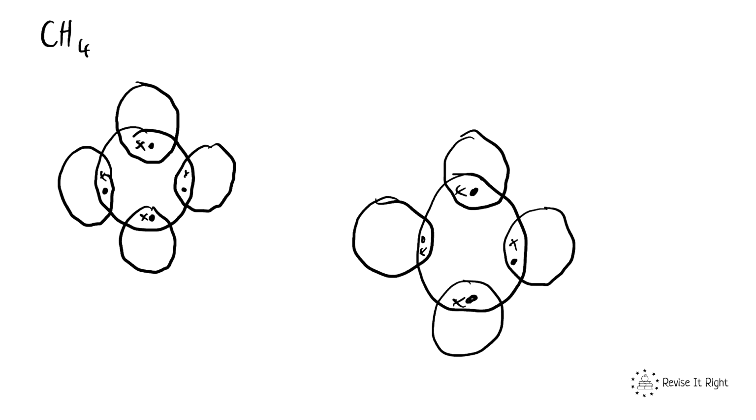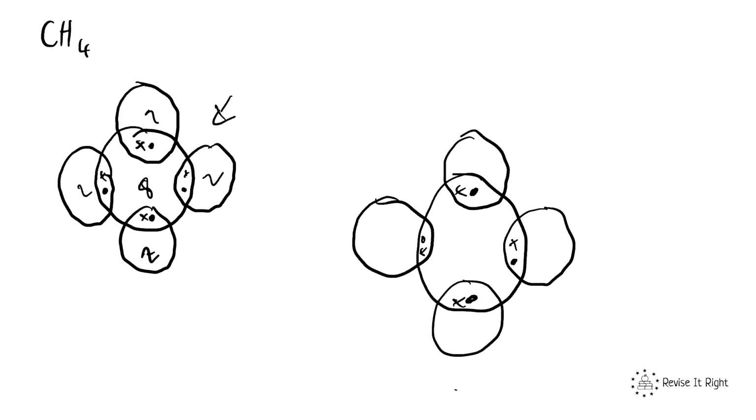The carbon in here has 8 electrons, the hydrogen has 2 and 2 and 2 and 2, therefore they have a full outer shell. Therefore no more atoms can become chemically bonded to this structure. No more atoms can come and join.